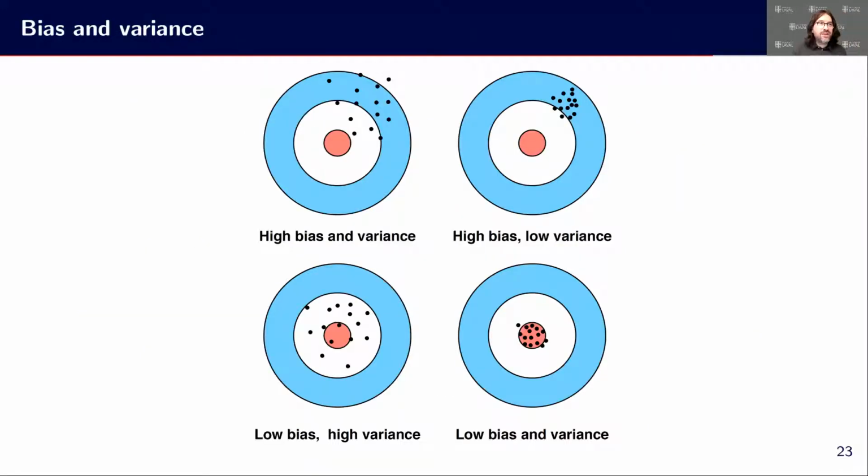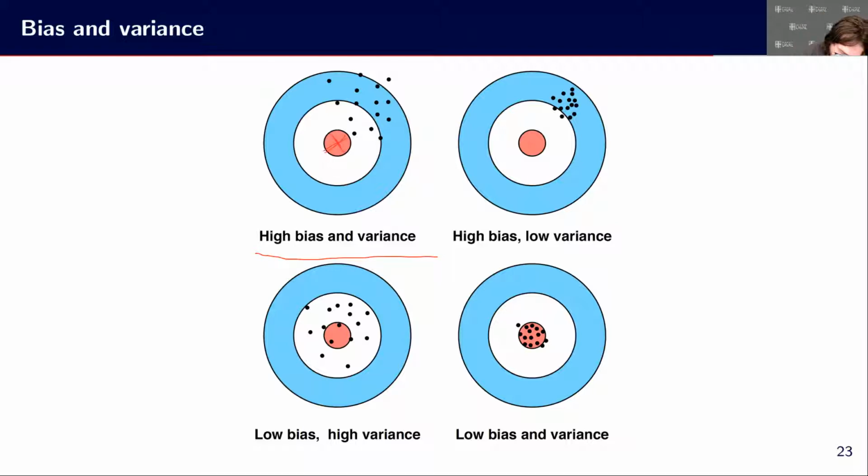One way to see it is with that diagram, where we can see four different cases. The first case, on the top left, is high bias and high variance. That's the worst one. The target is to be bullseye at the center.